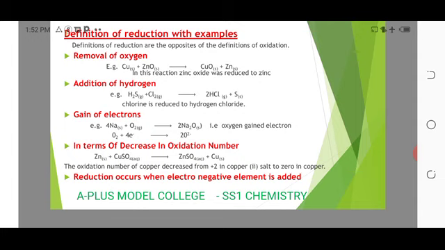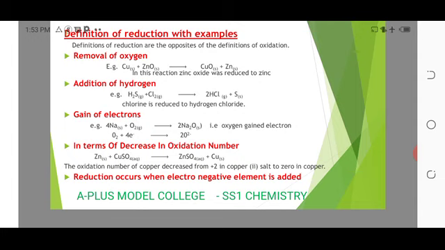We can also discuss oxidation and reduction in terms of addition of electronegative elements. Whenever any electronegative element is being added to any substance, such element has reduced. Electronegative elements are like chlorine, for instance. Cl minus, Br minus, fluorine minus.